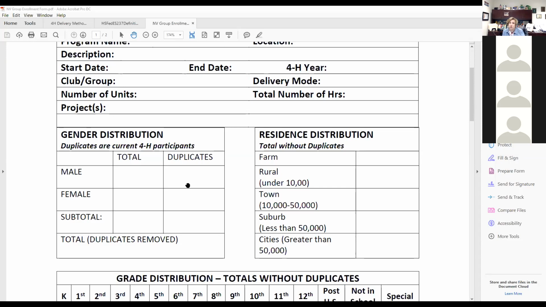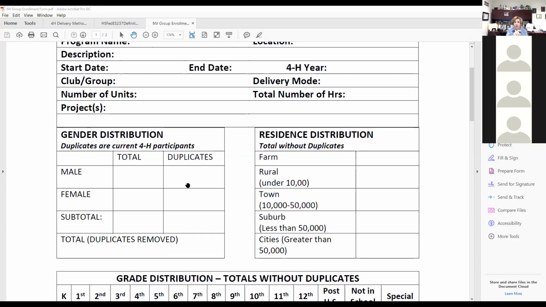I said no, you're teaching them at 2 different times and 2 different subjects. What you do in that case is you put them in the fall, in the art project. If there were 15 kids in the fall and 10 of them returned in the spring, you would put 10 duplicates in there.